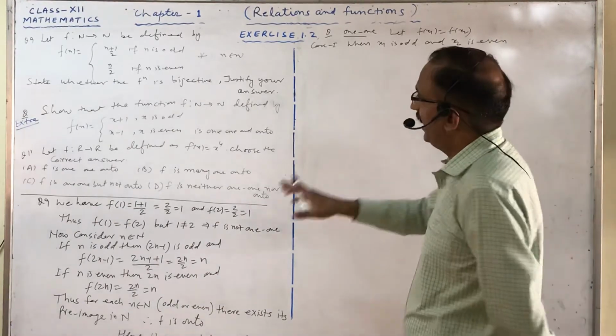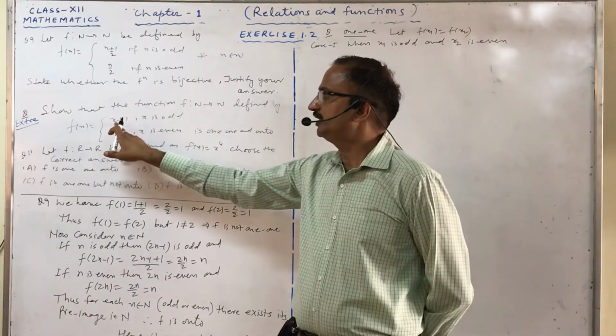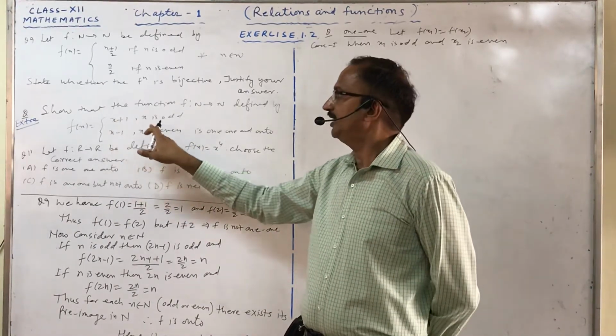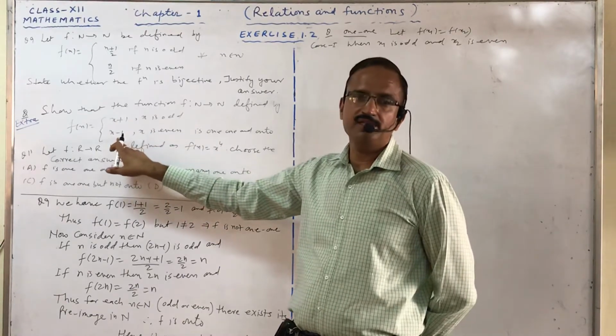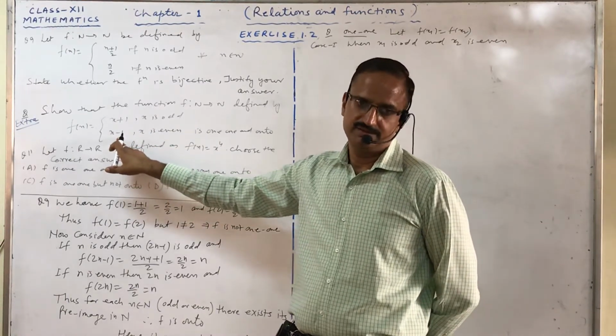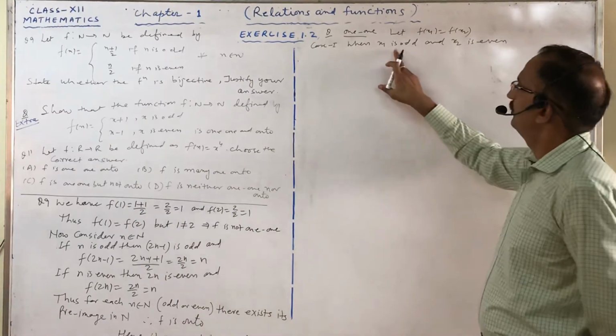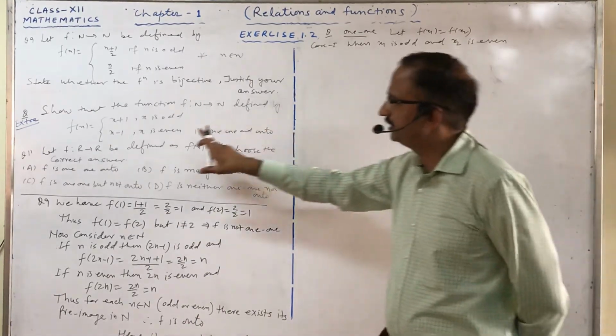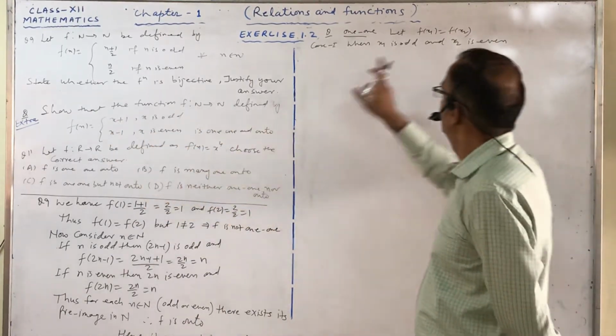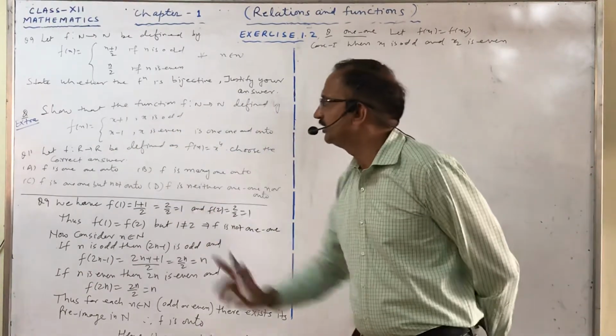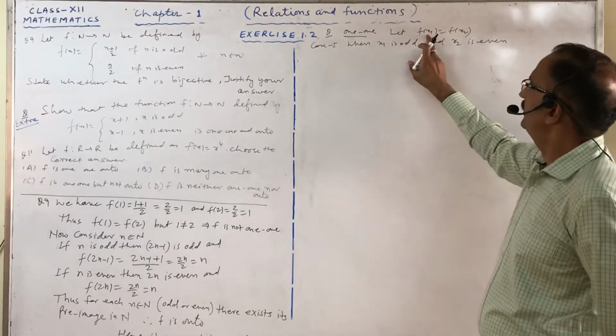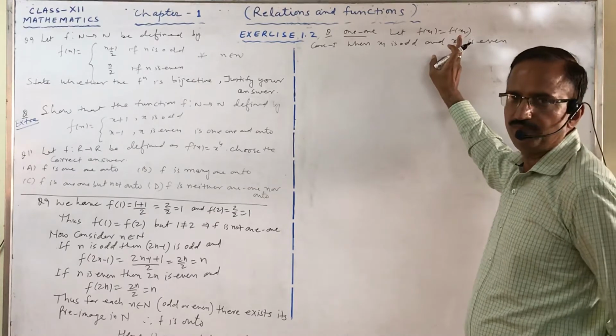When x is odd, we have to consider the function x plus 1. When x is even, we have to consider the function x minus 1. So for this odd, we will consider this first function. For even, we will consider this function. So f(x1) equals f(x2). Now put the values.